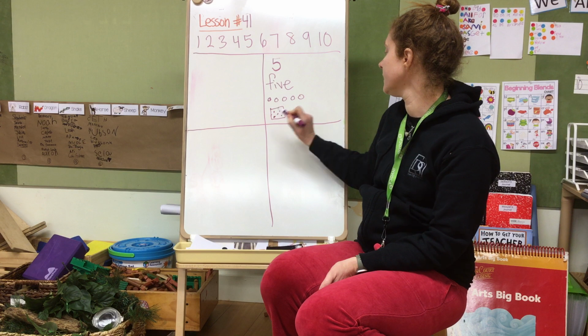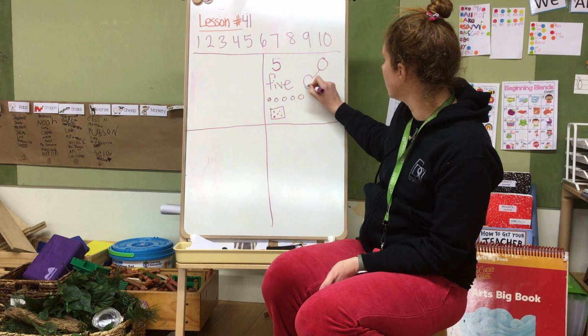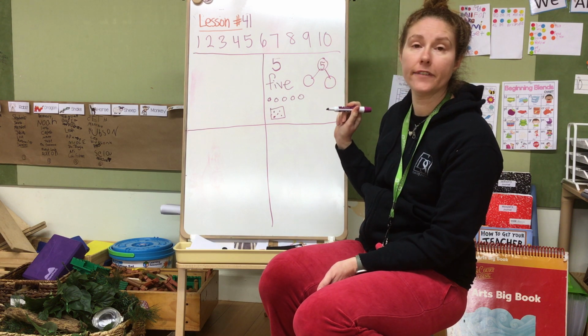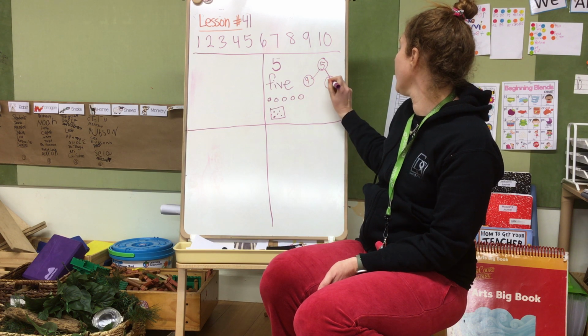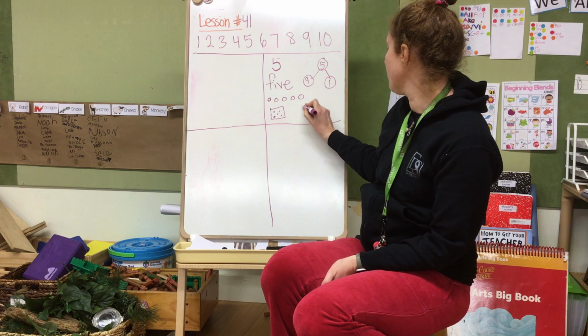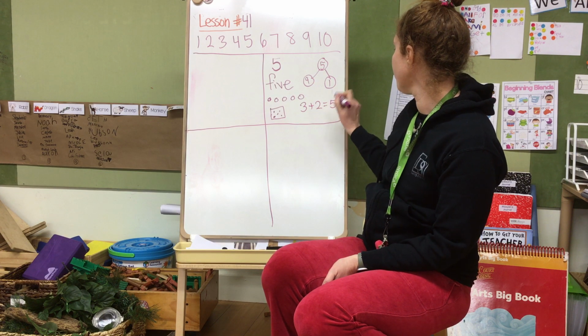A 5 dice. We could do a number bond, and 5 is our whole. So I could think of 2 parts that are the same as 5, like 4 and 1 makes 5. I could do an adding problem, maybe 3 plus 2 equals 5.